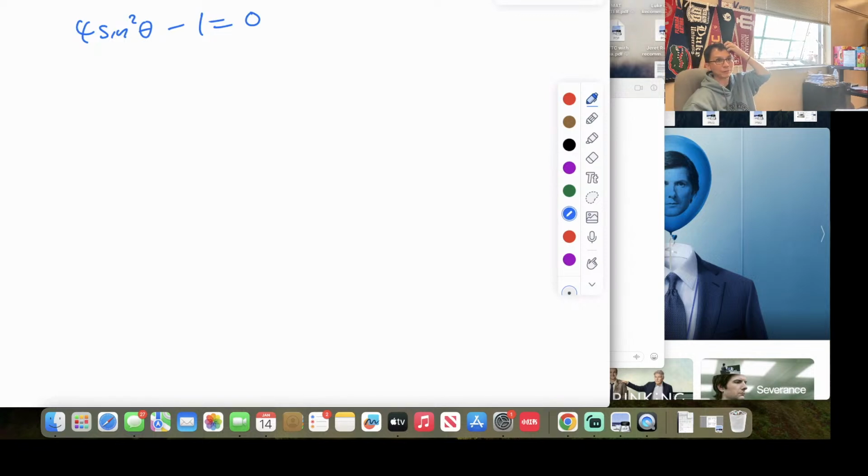So 4 sine squared theta minus 1 equal to 0. This one has two ways to approach it. I prefer factoring, but you can do it without factoring.